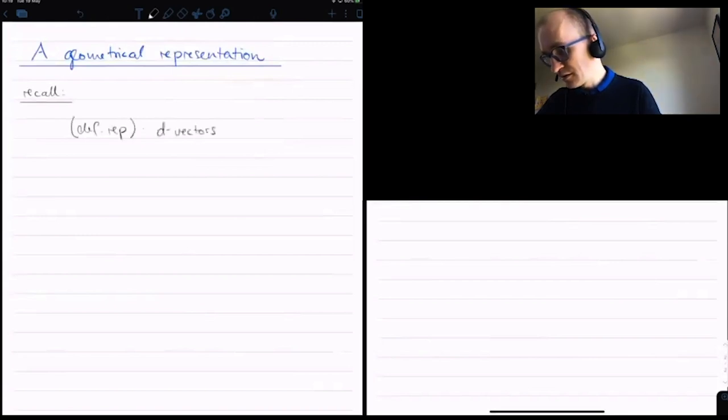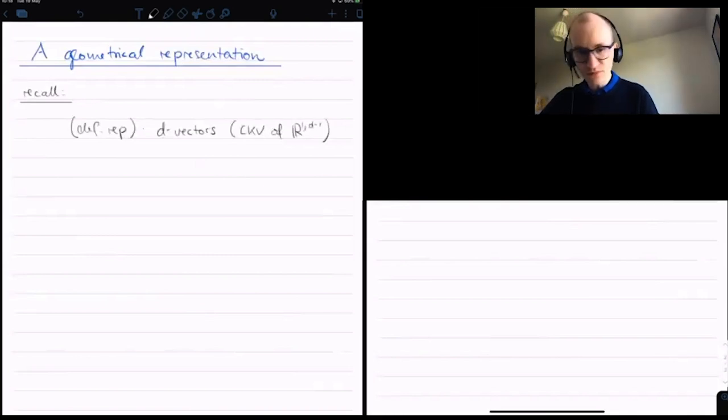We were asking about the conformal isometries, if you wish, of R^{1,D-1}. These vectors are the conformal Killing vectors of R^{1,D-1}, which is after all a d-dimensional Lorentzian spacetime. So this is our representation here.